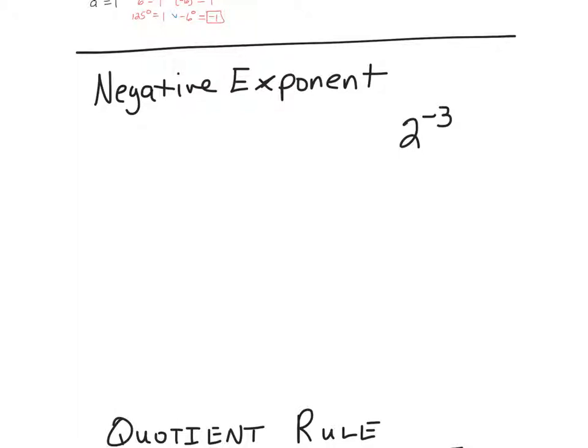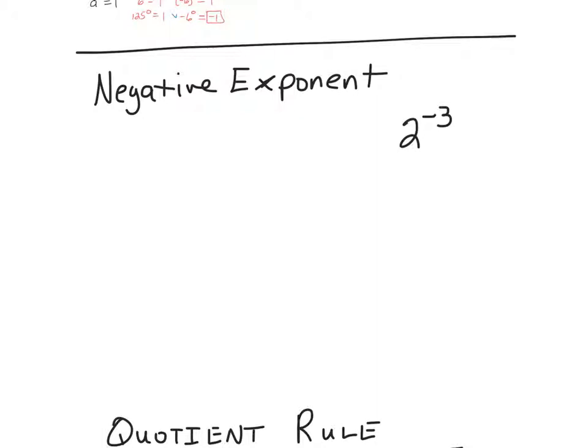But watch what else it would give you. If I did apply the quotient rule by subtracting, if I subtracted 6 minus 8, do you see that it would also give me y to the negative 2? So what I'm claiming to you is that 1 over y squared and y to the negative 2 are both equal to the same thing, so they have to be equal to each other.